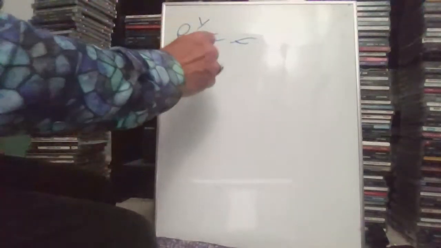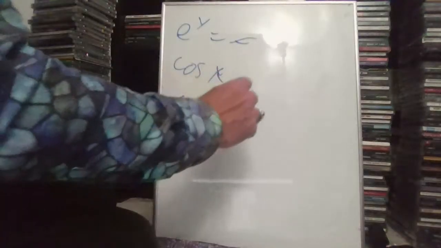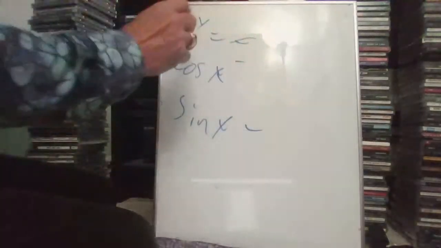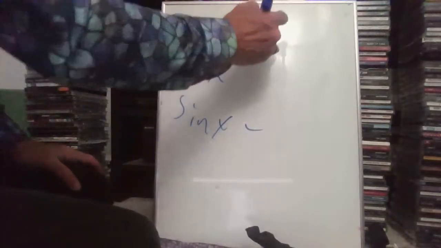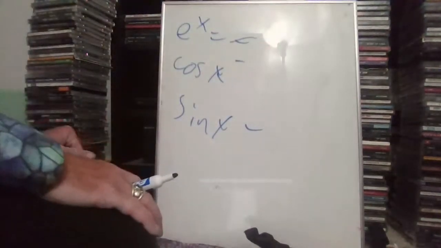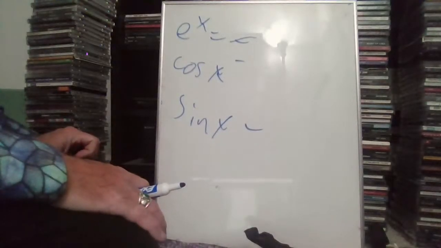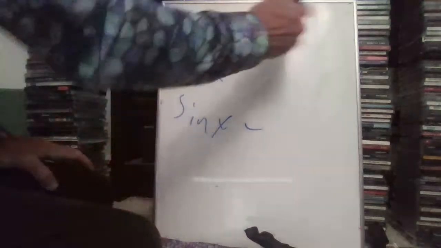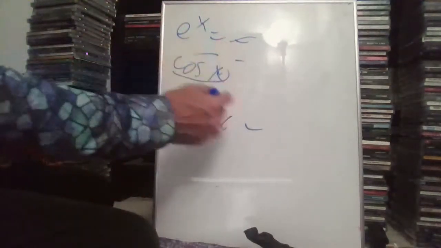And then you can do the cosine x Taylor series and the sine x Taylor series. It just so happens, according to Taylor series, the e part has both odd and even terms, and the cosine has either the even or the odd, and the sine has the other one.